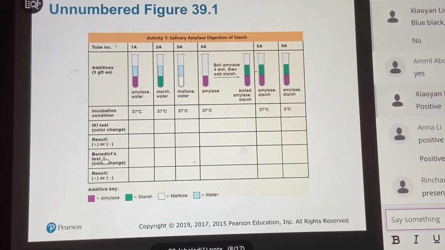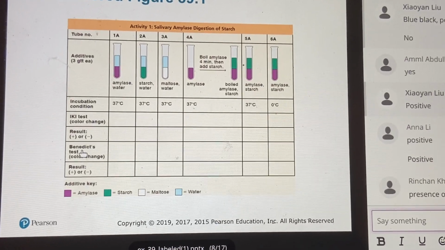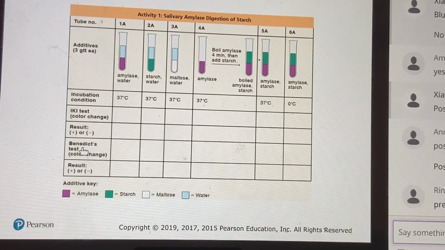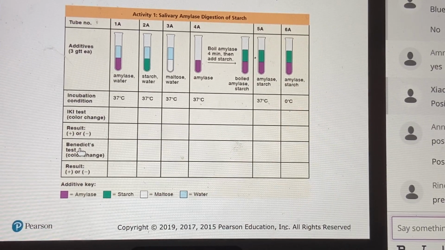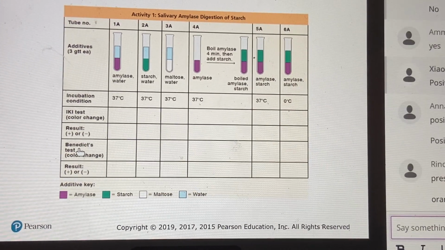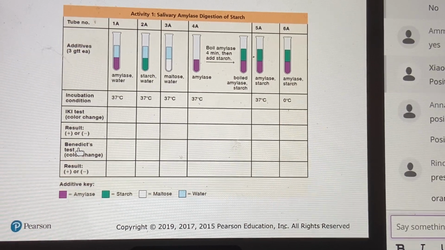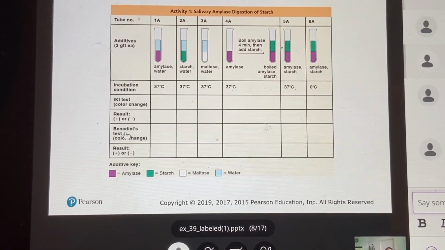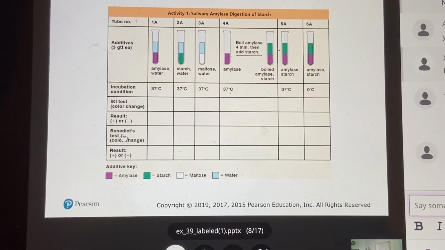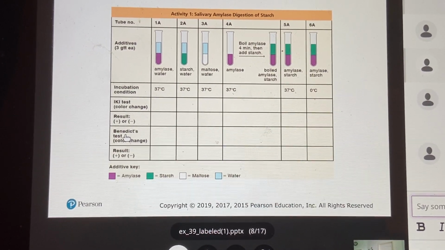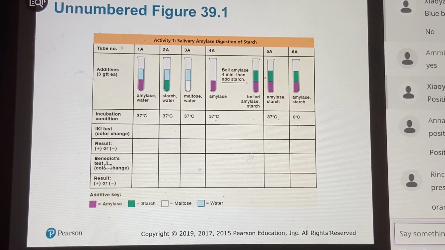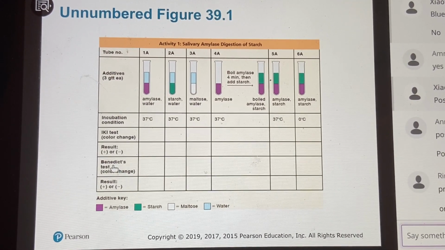Positive for Benedict's can either be green, yellow, orange, orange red, rubric red. Okay, those are the colors positive for Benedict's.